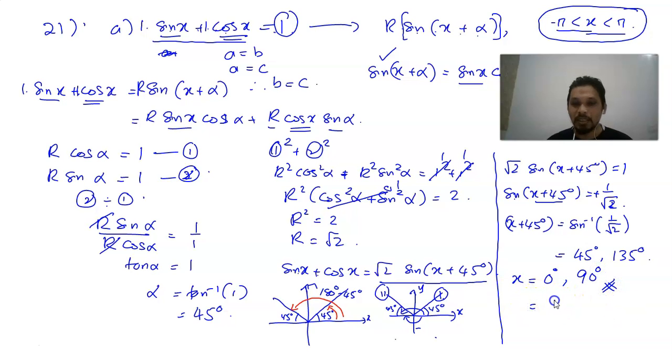So it is 0 degree and pi over 2. Question 21, 0 and pi over 2.